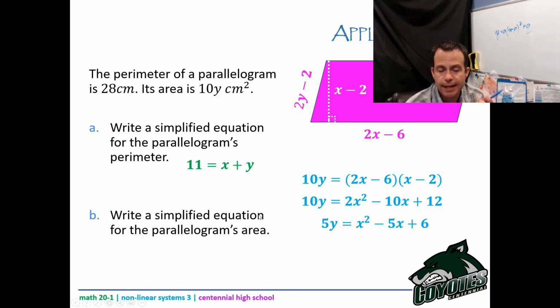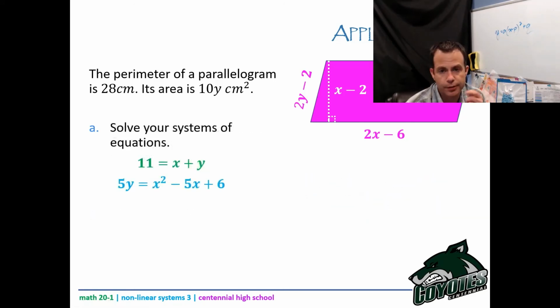Then the last part of this says solve the system. So again, I look at these two equations, my 11 equals x plus y and my 5y equals x squared minus 5x plus 6. I'm going to do substitution for this. I'm going to take that green equation and isolate for y. So I just have to bring my x over here. It'll be 11 minus x is y.